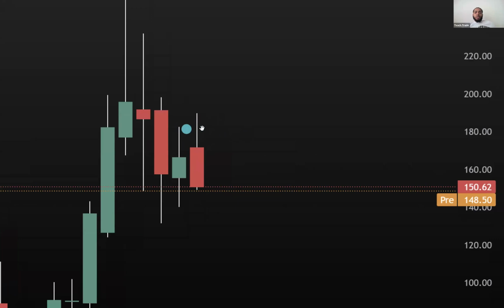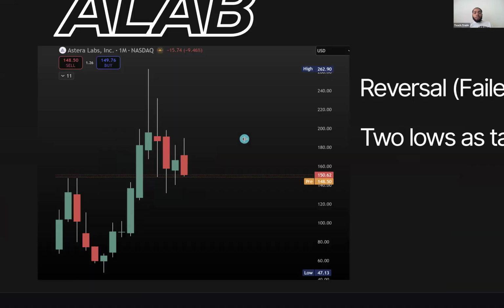We'll dive deeper into that Wednesday in one of our evening sessions. Because we did not complete this setup on a reversal, this could lead to a break to the downside to fall another $20. If something falls $20, I'm paying attention, because that can be a lot of dollar movement.